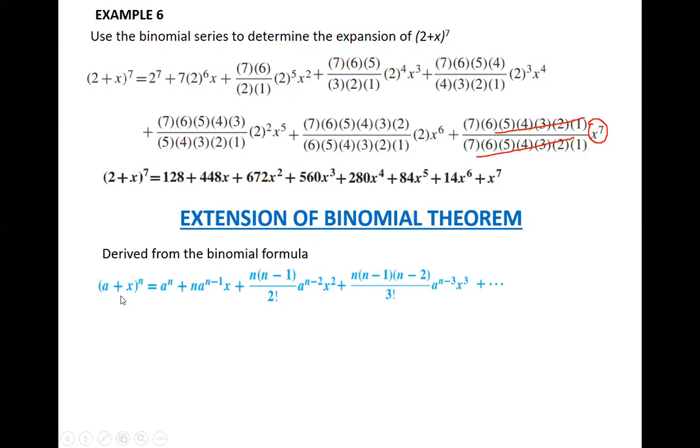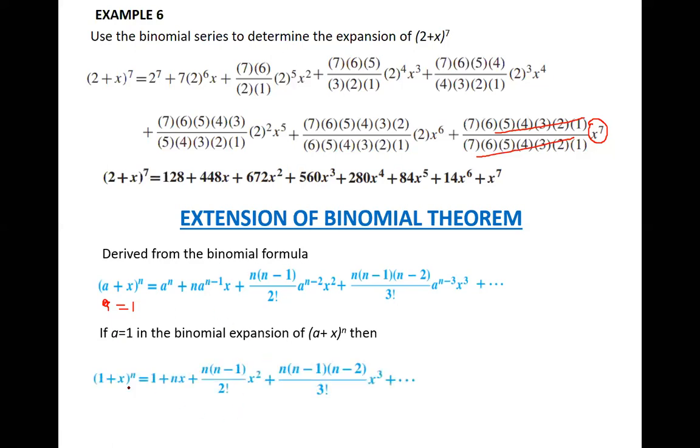In this formula, when the value of a is equal to 1, you use what we call the extension. So try to expand this when the value of a is equal to 1. You're going to get something like this.